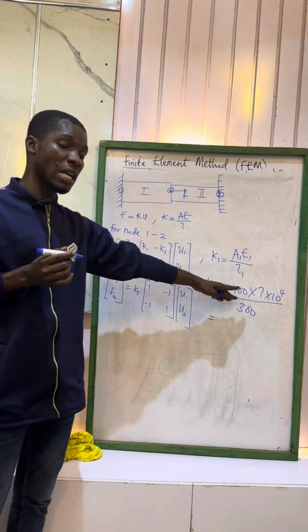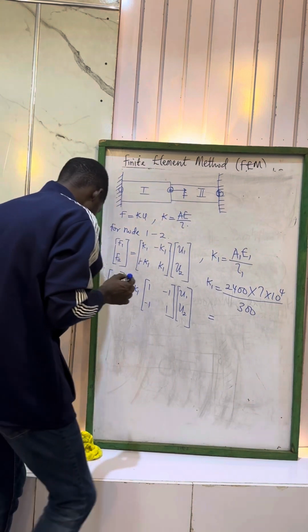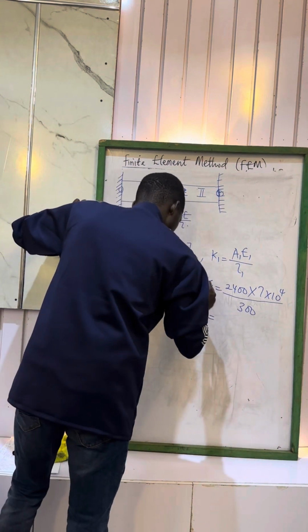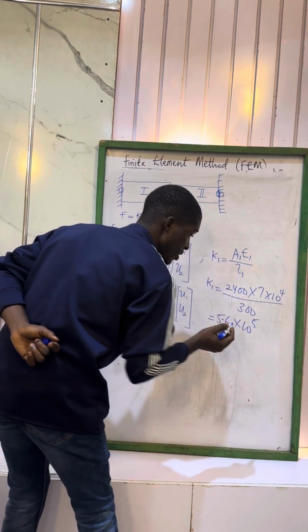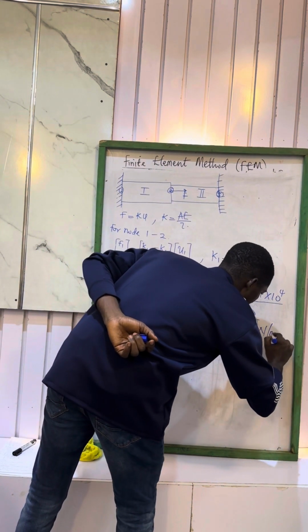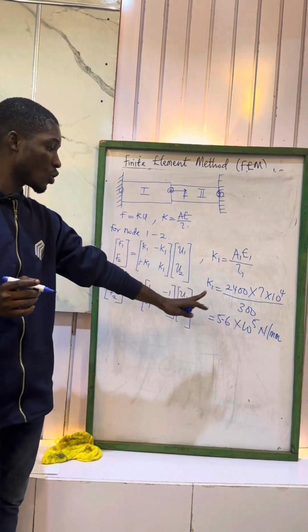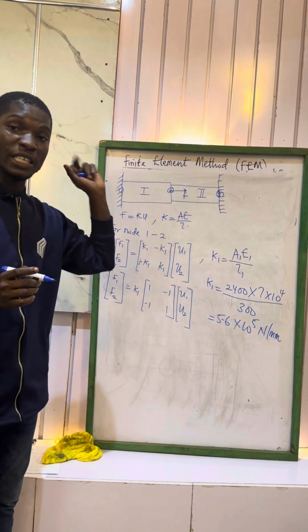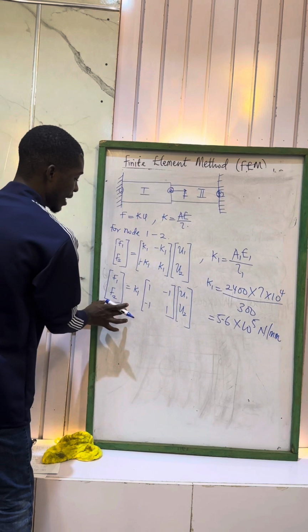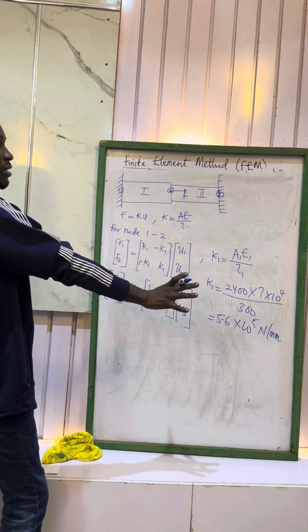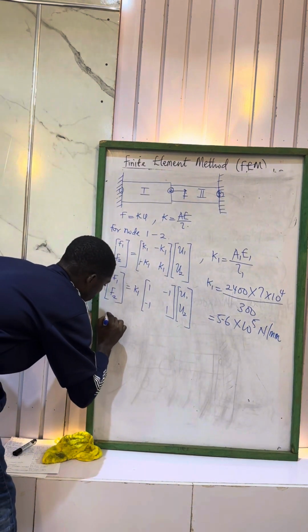You can use a calculator to determine this, and the answer is 5.6 times 10 raised to the power 5. Please tell me the unit. The unit will be Newton per millimeter. Don't forget this. You must always put the units. So 5.6 times 10 raised to the power 5 Newton per millimeter. So we know from here that this is K1. Then we can now proceed to node 2.